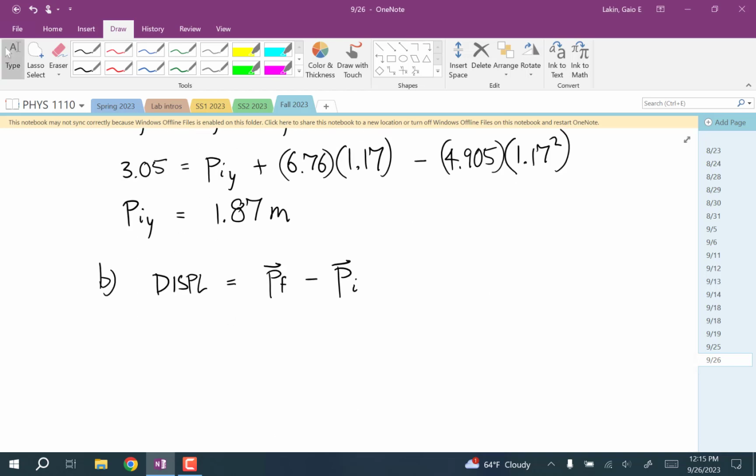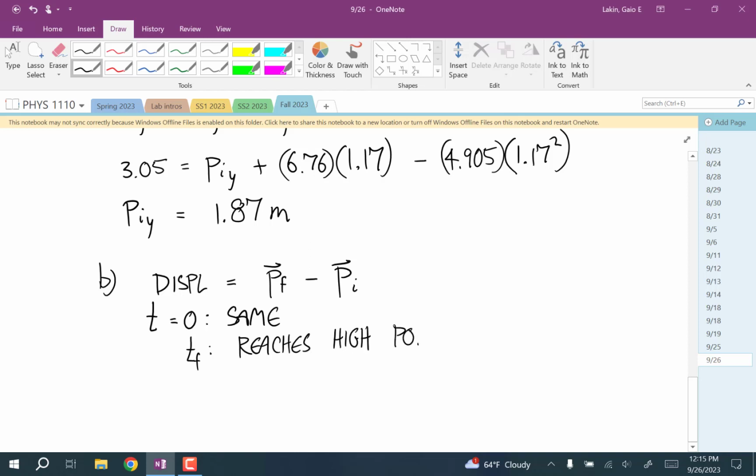So we can still keep our time equals 0, the instant when it's shot, but our time final now has to be when it reaches the highest point, okay? And we can still use the same coordinate system.